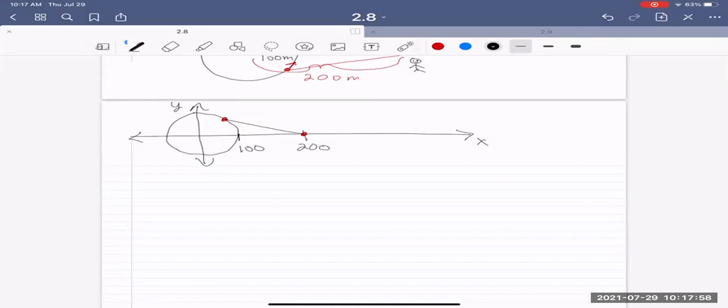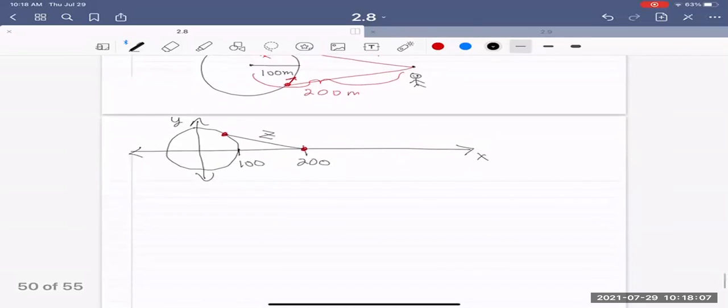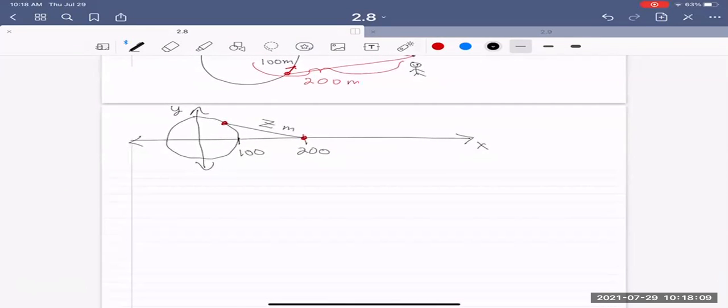this distance here is going to be changing. So I'm going to call this Z, and this is in meters. So each of these are meters. And this distance here is still 100 meters because it's a radius.